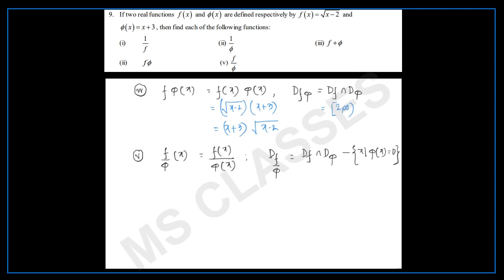Now here we just substitute the values. f(x) is root over of x minus 2 by x plus 3. So here, what is the domain?